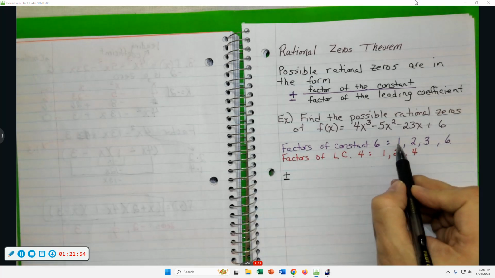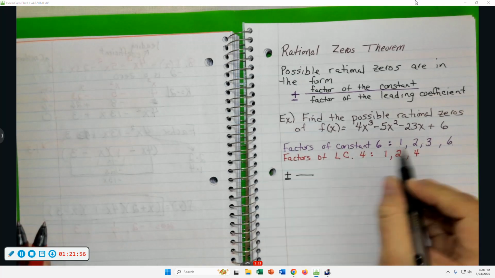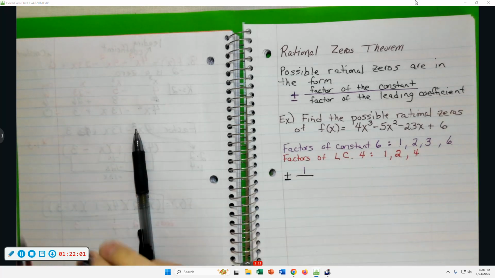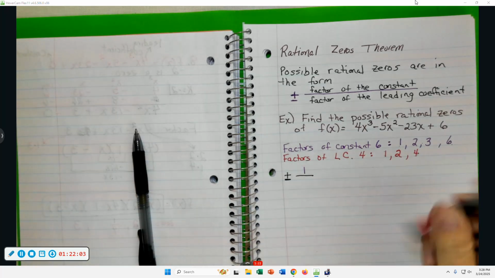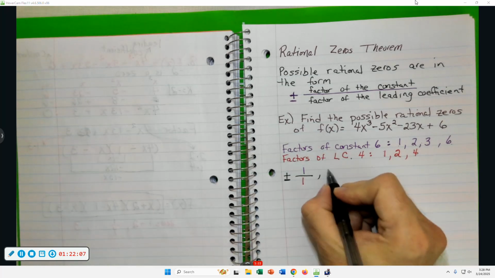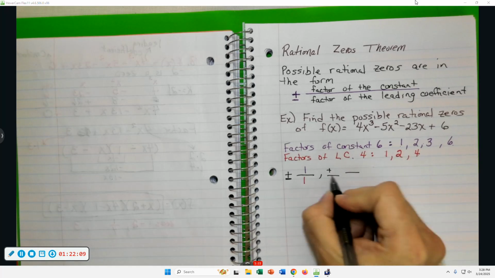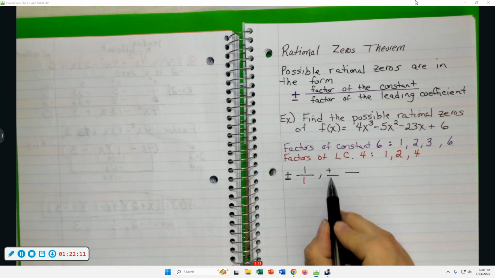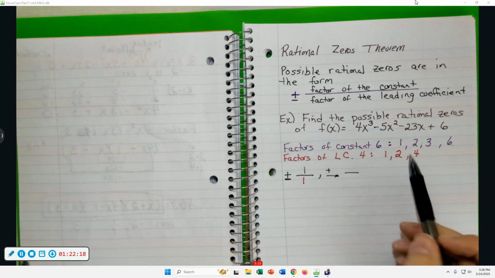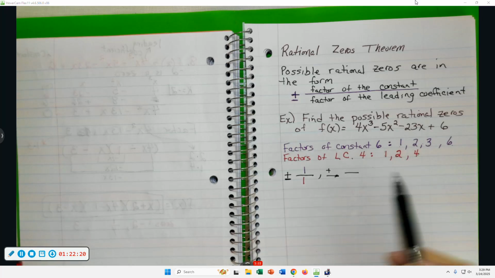So I'm taking the purple 1. So it's going to be 1 over 1. On this one, I'm going to try to stick with the colors. Oops, that's a plus minus right there. I made the minus too big. I got carried away because of my fraction bar. So we have 1 over 1.